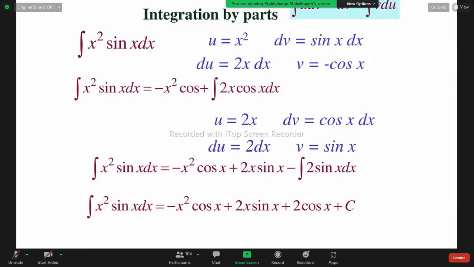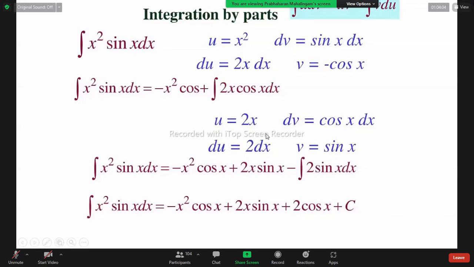Very careful. So u is x square, du is 2x into dx. Then you can write uv minus v into du. Here this also is in uv format, integral by parts, x square sin x into dx.